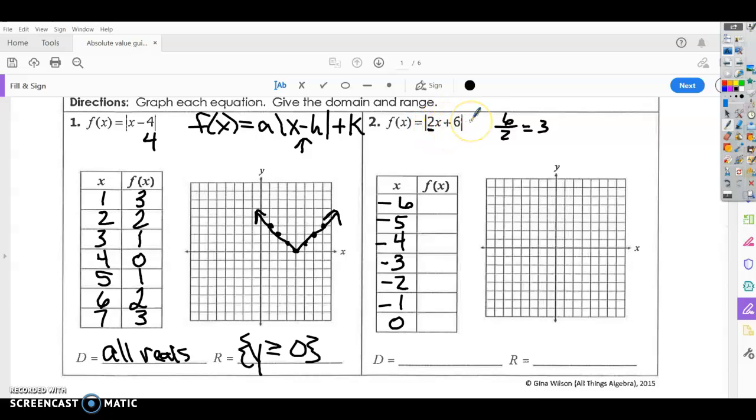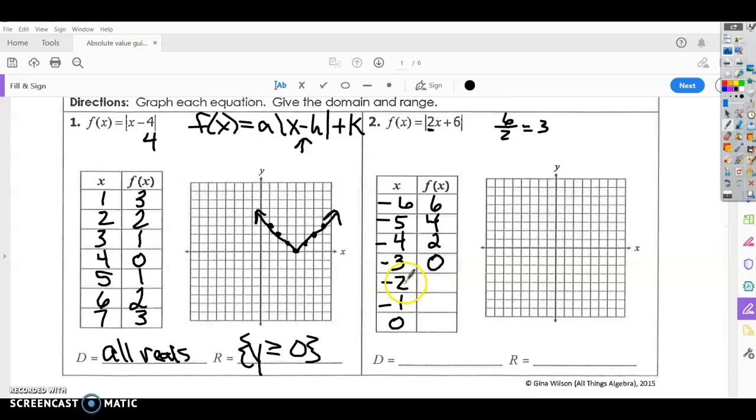All right, so -6 times 2 is -12. -12 plus 6 is -6. Absolute value of that is 6. -10 plus 6 is -4. Absolute value is 4. -8 plus 6 is -2. Absolute value is 2. -3 gives me -6 plus 6, 0.